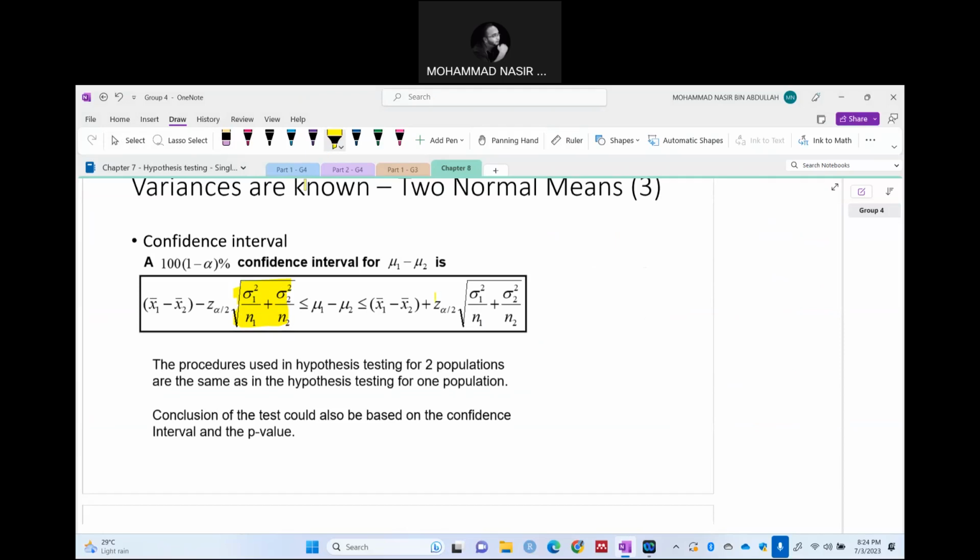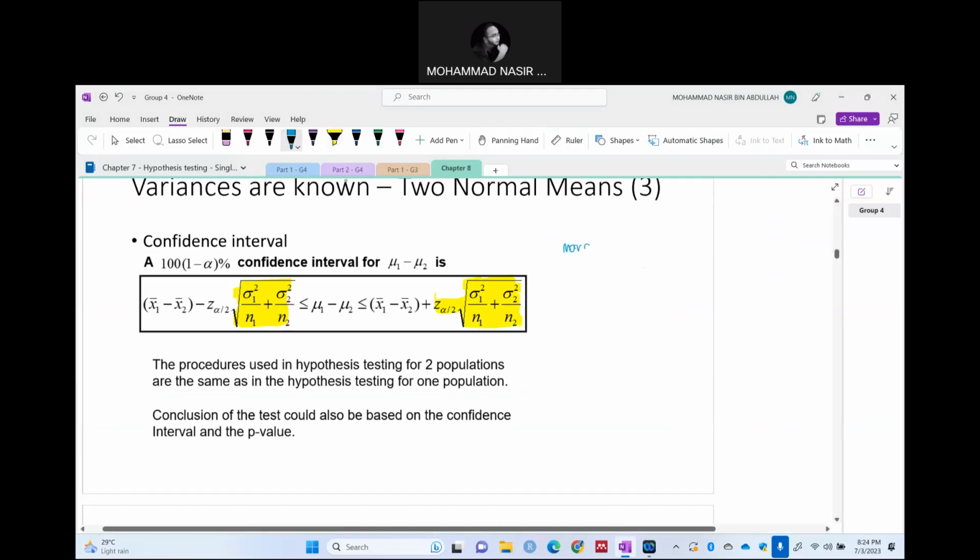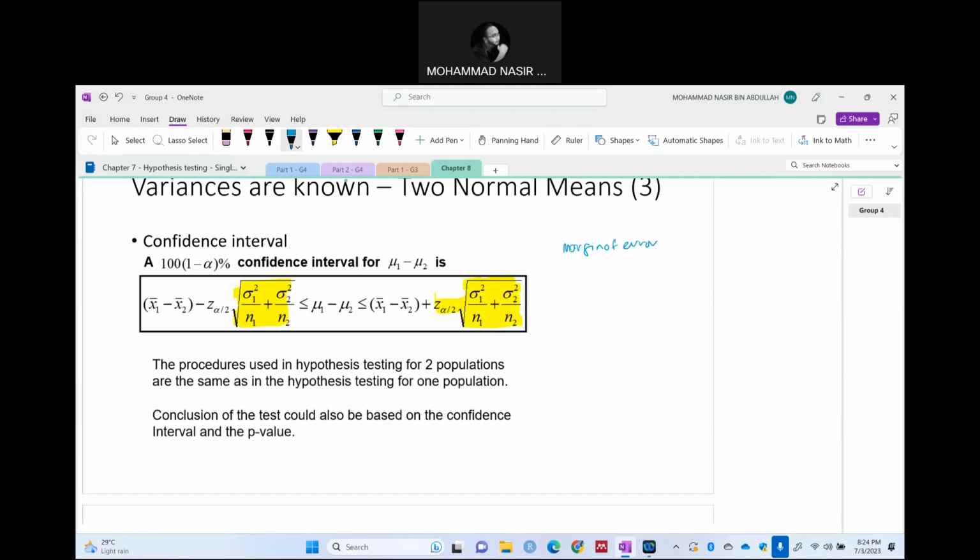And the whole thing here is called margin of error, right? The whole thing multiplied with Z alpha divided by 2. This is called margin of error. So it should be Z alpha divided by 2 times the square root of sigma 1 square divided by n1 plus sigma 2 square divided by n2.